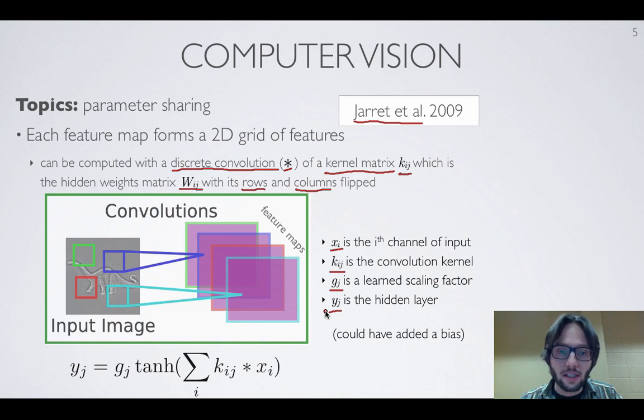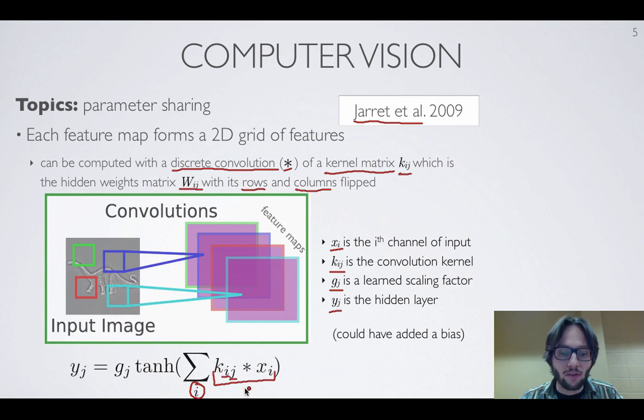What they considered in that paper for how they would compute the activation of the hidden layer is that they would compute the pre-activations using a convolution from each of the ith input channel to the jth feature map. Then they would sum across the input channels.